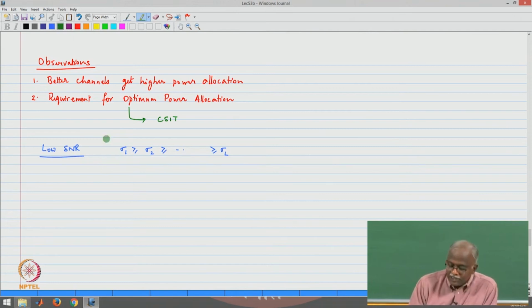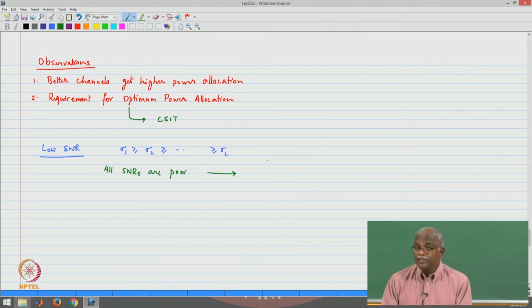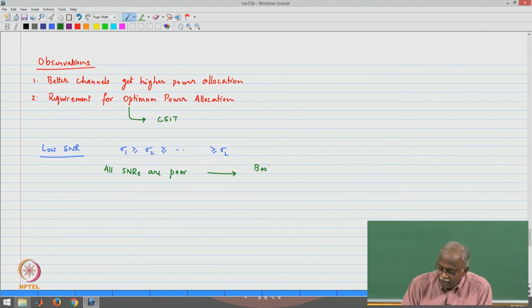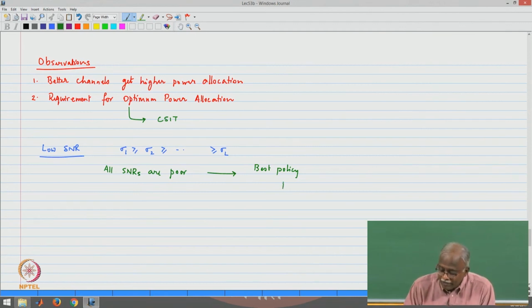So under this condition we find a very interesting result. The best channel allocation when all of them are poor, so basically all SNRs are poor, is the best eigenchannel transmission. So the best policy under this condition is, rather than trying to distribute your power between all the different channels where none of them are so good, the best option seems to be to give all the power to the best of the channels that you have.